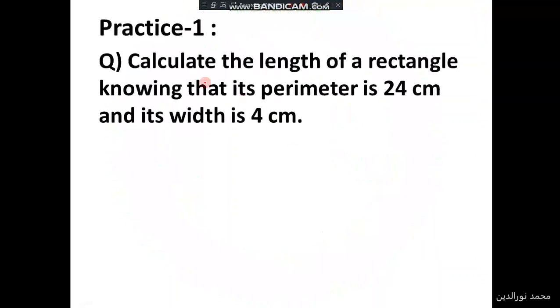Practice 1. Calculate the length of a rectangle whose perimeter P equals 24 centimeters and W equals 4 centimeters. We put all the givens, and we are asked to find the length.